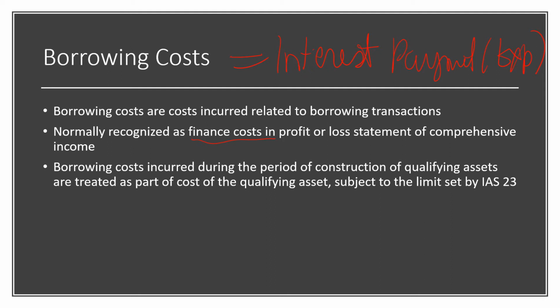What does that mean? Borrowing cost incurred during the period of construction, take note. Now, there is an exemption set by IAS 23.